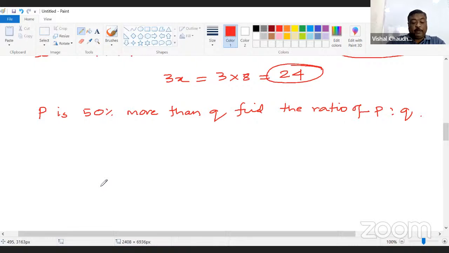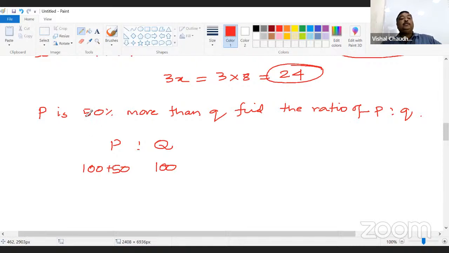Now, what will I get? Suppose I assume Q as 100. P is 50% more, so P is Q plus half of Q, that is 50.